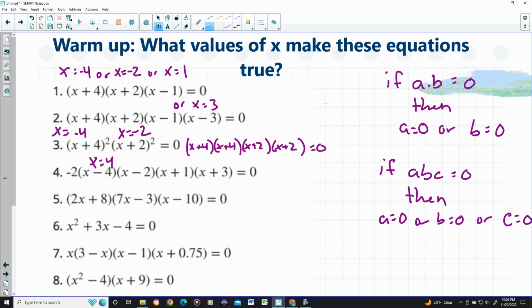And if this number is something different, let's say 5, and you get a 1, you multiply it by negative 2, you get something that's not 0. So if one of these factors is 0, you're still going to multiply by negative 2, and it's still going to be 0. So x equals negative 4, or 2, or negative 1, or negative 3.